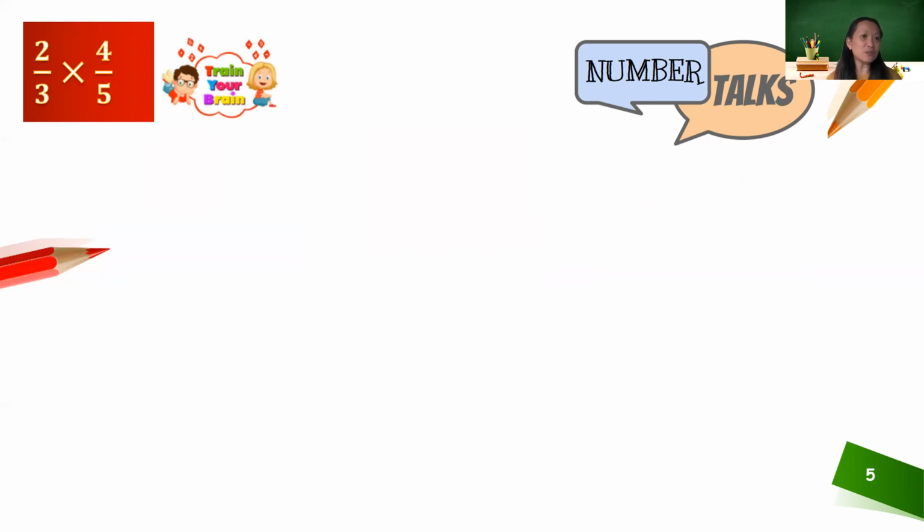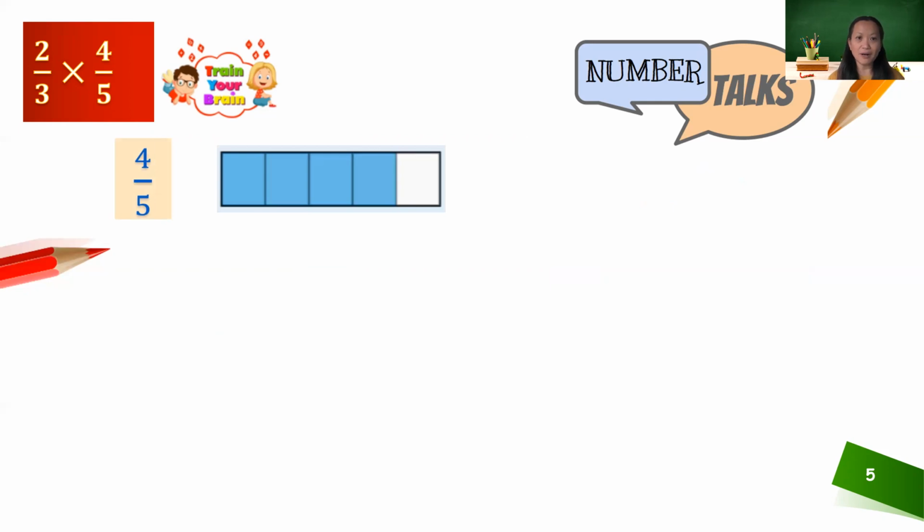Okay, let's try this one. I want to take 2/3 of 4/5. So let's visualize 4/5. 4 parts out of 5. Now what I need to do is divide that up into 3 equal parts, but I have 4 pieces, so that's kind of hard.